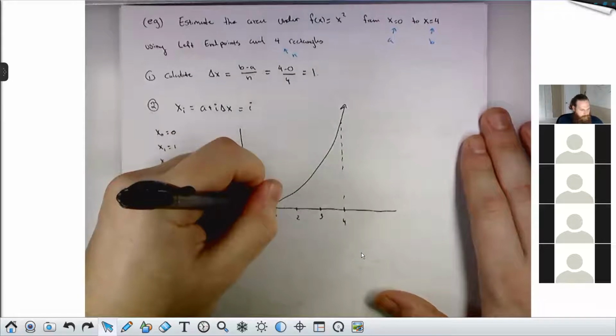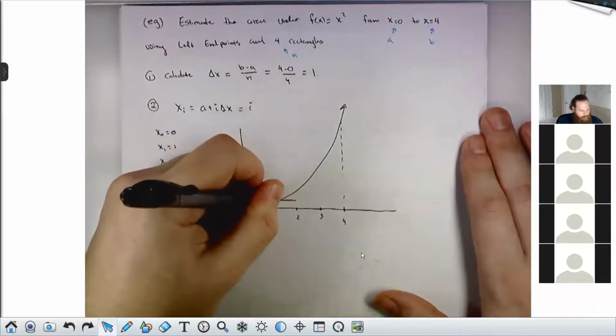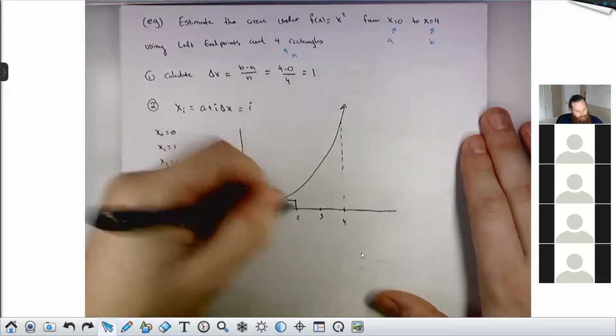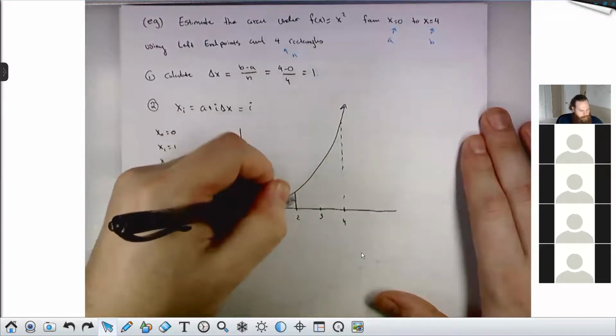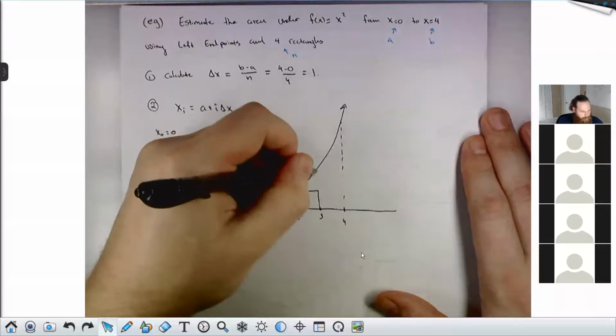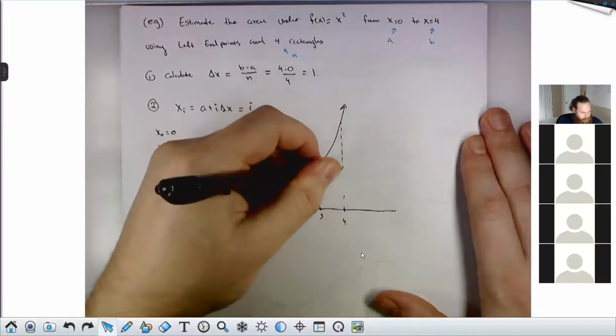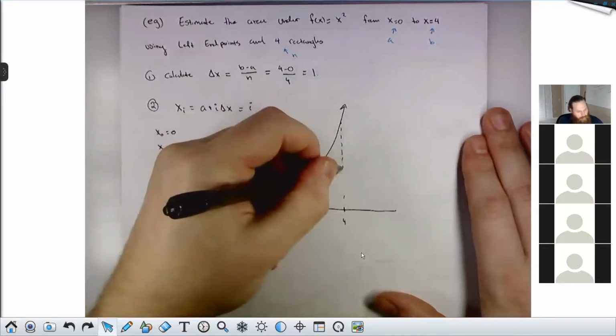My second rectangle will look like this. My third rectangle will look like this. And my fourth rectangle will look like this.